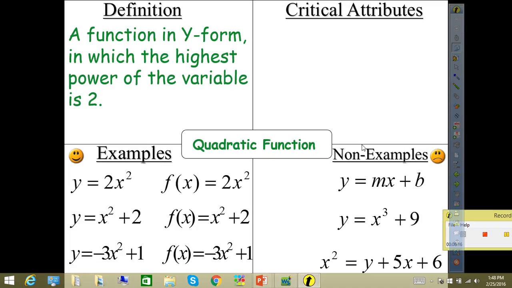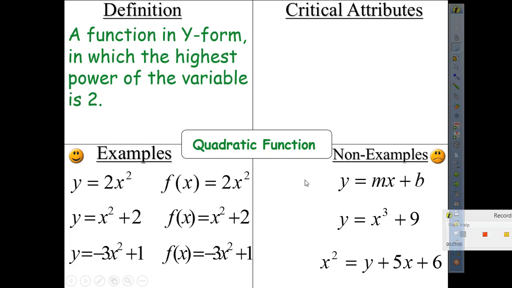Okay, so you volunteer for this one. Bailey. It's not in Y form. That is correct. So what has to happen in order for it to be a quadratic function, everyone? Subtract the Y or bring all this over here.